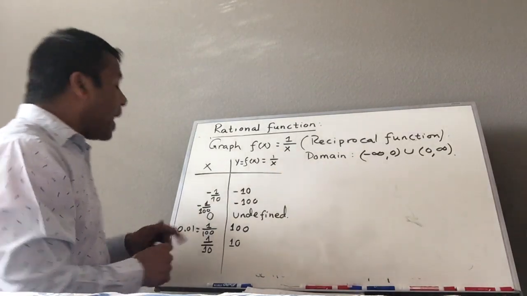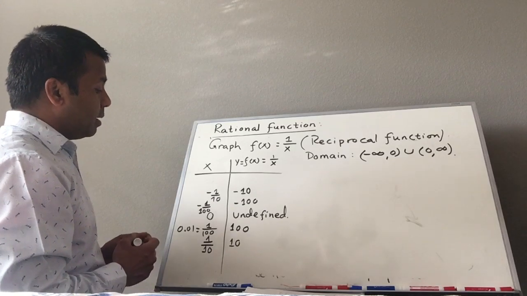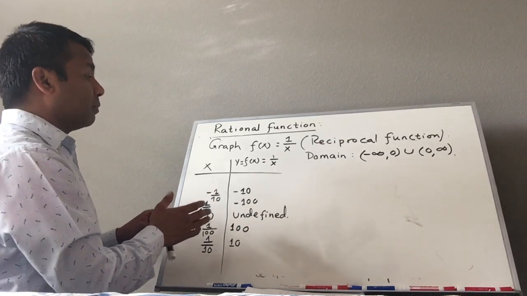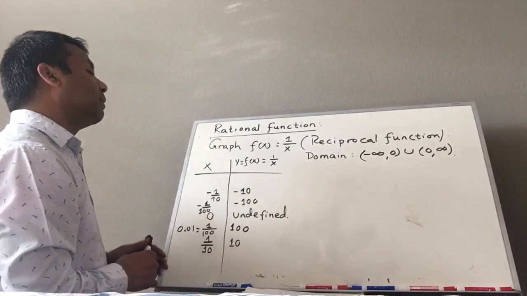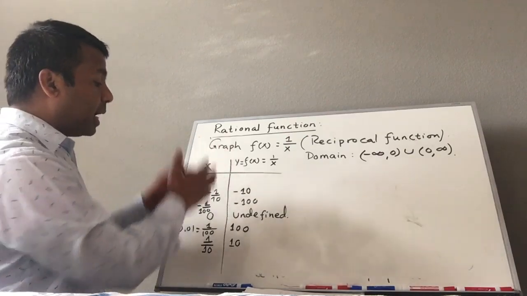So you see, as x approaches 0, the value of f(x) approaches a very, very big positive number and a big negative number.